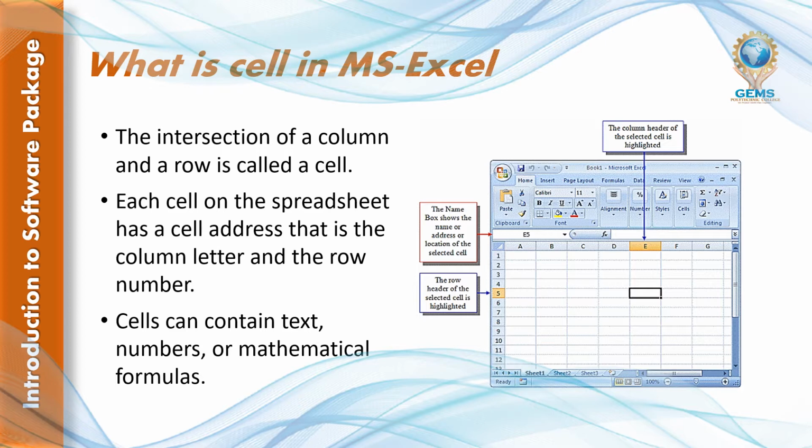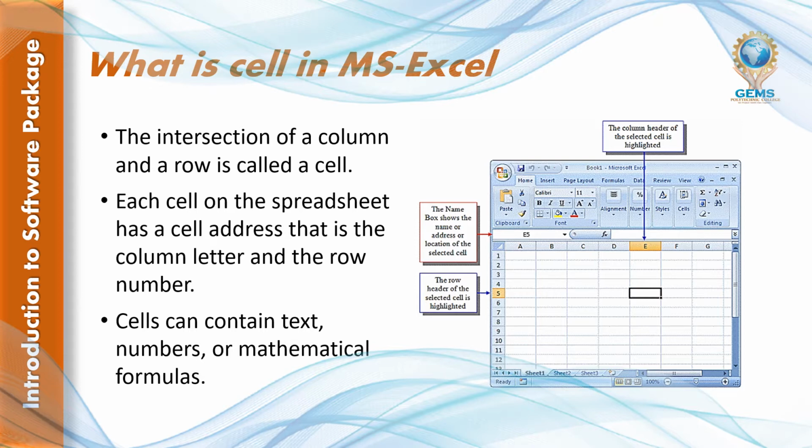A particular cell can contain text, numbers or a mathematical formula. You can see here the column header of the selected cell, and the row header of the selected cell which is highlighted.